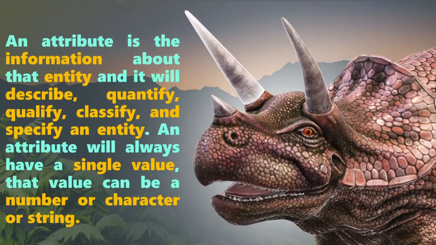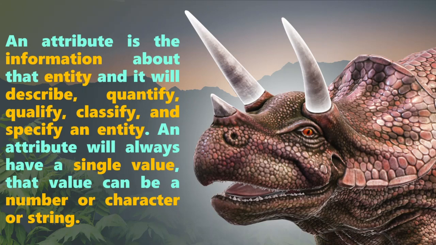What is an attribute? An attribute gives the information about an entity. In the last class we have seen about different types of entities. So an attribute is used for getting the information about an entity.